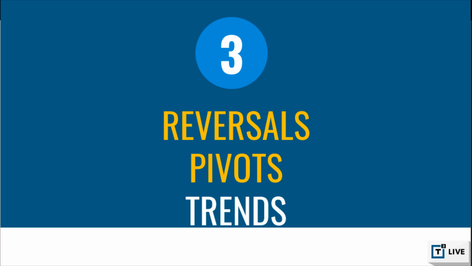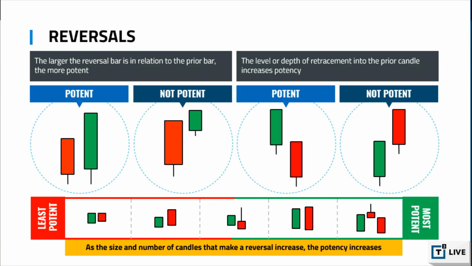So we did lesson 3 last time, and we talked about reversals and pivots. Let me give you a quick recap, and we'll move on to lesson number 4 today. We said that when we're measuring the potency of a reversal, we look for mainly two things.